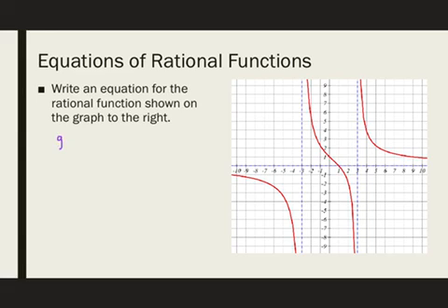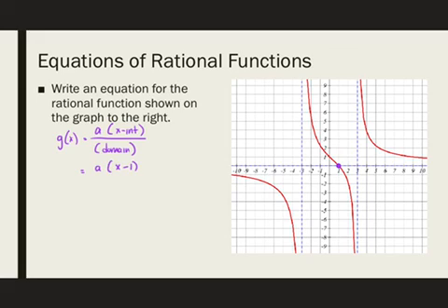So let's say we start the same way. I have an a value times my x-intercepts over a polynomial for my domain. So x-intercepts happen at, there's only one of them, happens at +1, which means I have a times x minus 1.